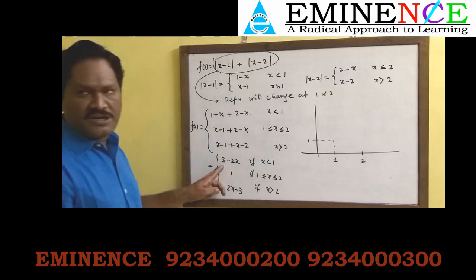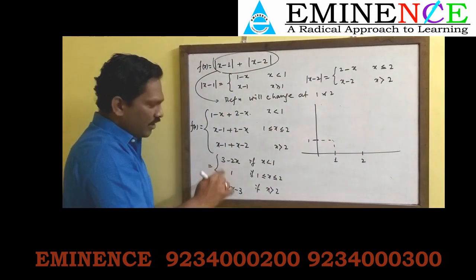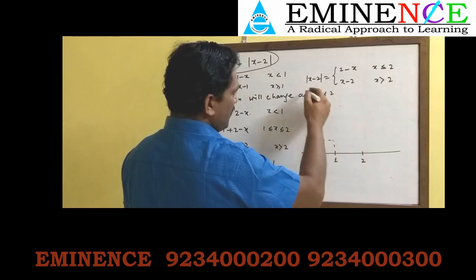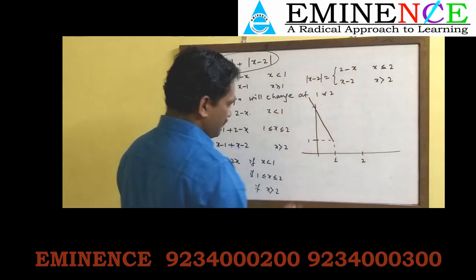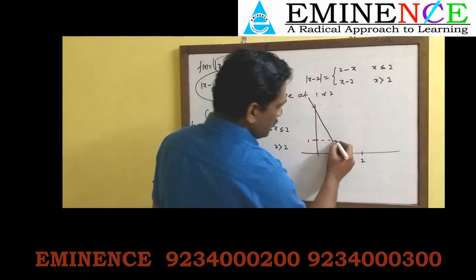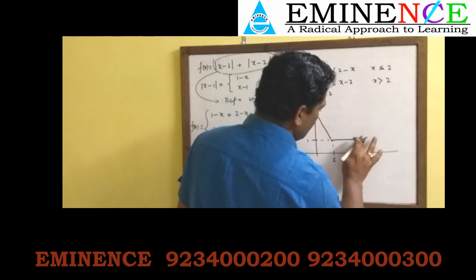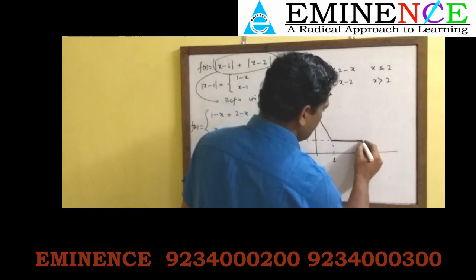Now, it is a straight line having negative slope, so it will look like this. And y-intercept is 3 units, so it will pass from this point. That means it will be tipping like here. From 1 to 2, it is constant at 1. So that means this is how it looks like. It will be constant at this value, that is 1.